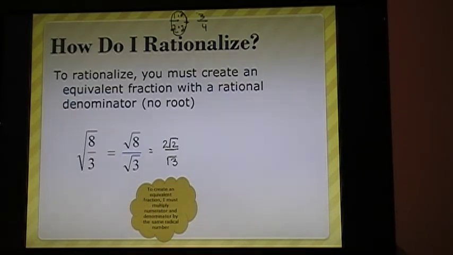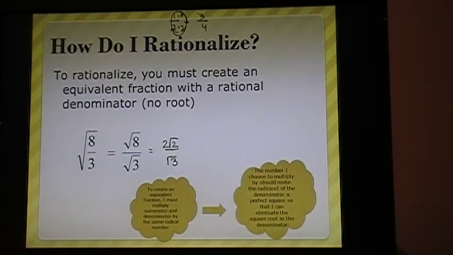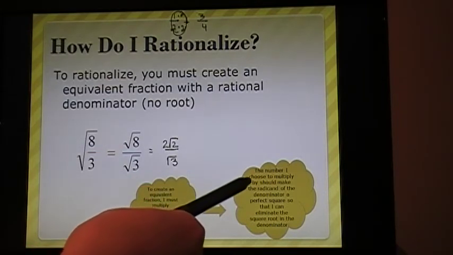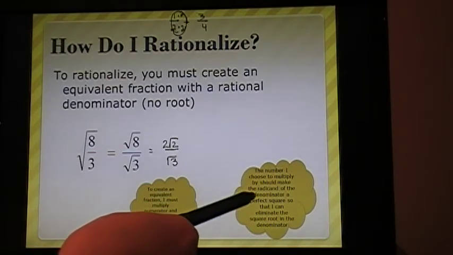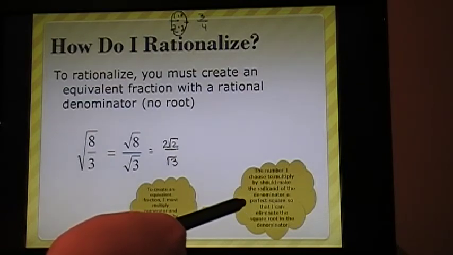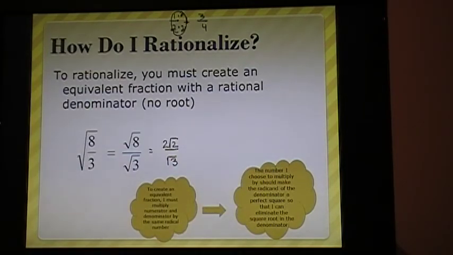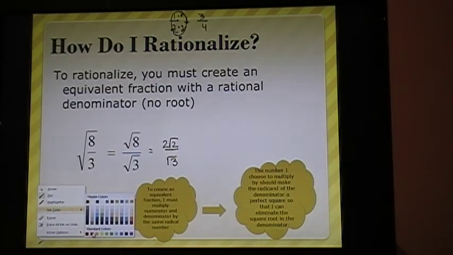The second thing to keep in mind is that you are specifically trying to rationalize. So what you choose to multiply by should make the radicand of the denominator a perfect square so that you can evaluate it and have no square root in the denominator. Okay, so I am going to rationalize. Let me change my color here.